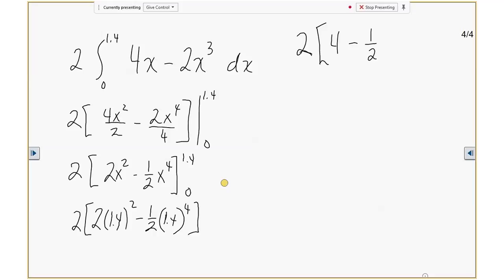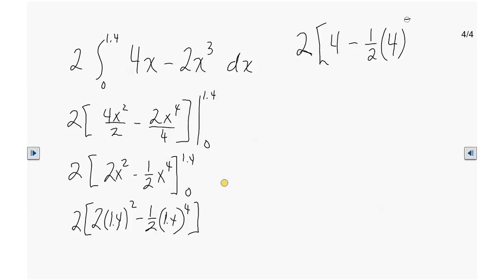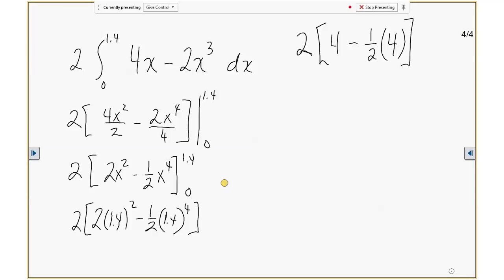Well, 1.4 to the 2nd power is 2. So that's going to be 2 to the 2nd power, which is 4, right? Somebody check my math. What's 1.4 to the 4th power? 3.84. Okay, it's 4. The reason is this is supposed to be 1.414, blah, blah, blah, the square root of 2, whatever the square root of 2 is.